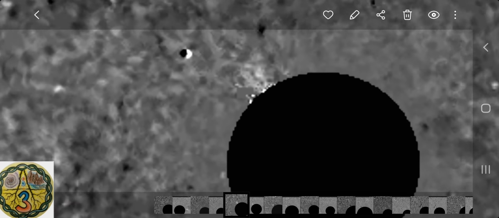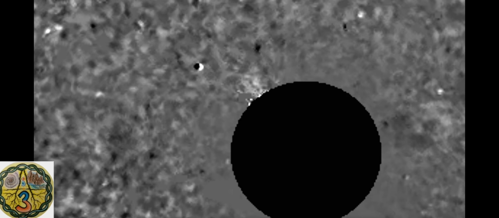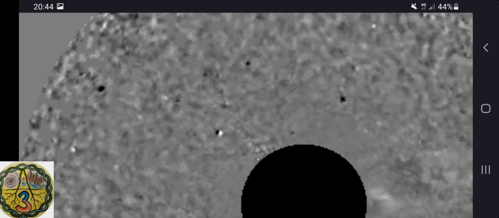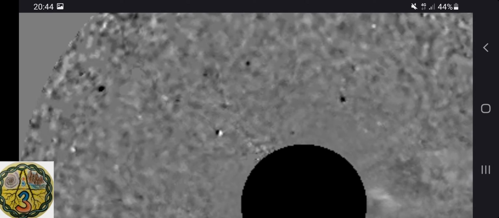Oh man. What's going on? What's that? Shouldn't be like that. There shouldn't be any big stationary structure close to the sun, because there is still a big distance to the sun itself.